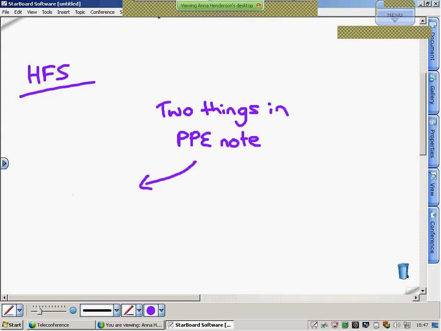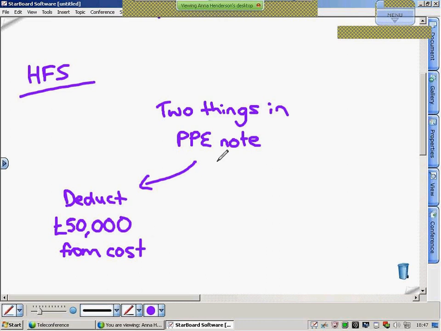To deduct 50,000, then we need to make sure that we add the depreciation for the year to date of classification.